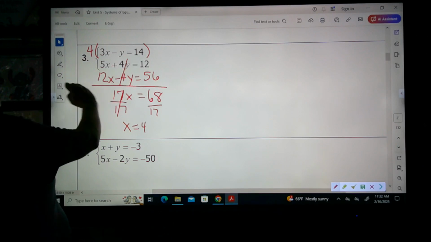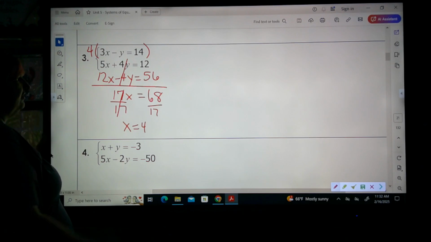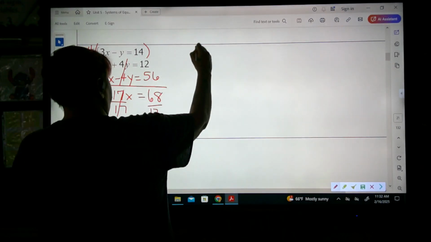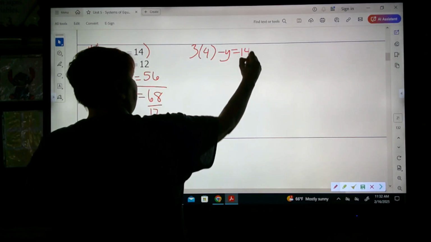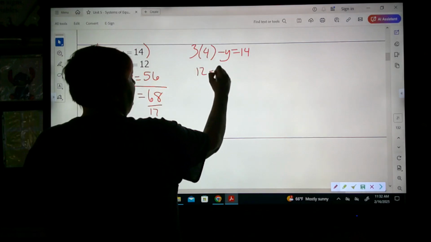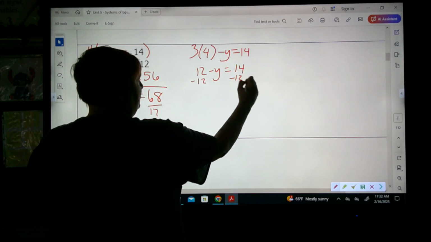And I can put it into any of the equations, whatever one looks the easiest. Let's do the first one again. 3 times 4 minus y equals 14. 12 minus y equals 14. Subtract 12 from both sides.